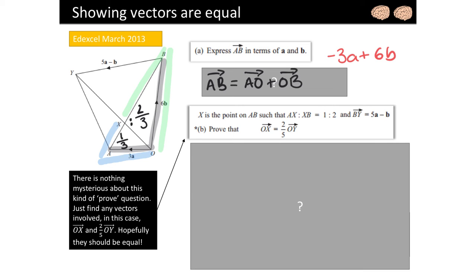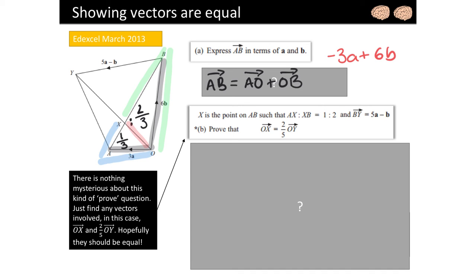Some of you are thinking, why don't we just go straight there? Of course we could, but we don't know what that is. We've got more chance of doing OA and AX because we already represented the line AB in the first part, and now that we know the ratio, it's really simple. So, OX, I'm going to go the blue way. If you've gone the green way, we will still get the same answer.